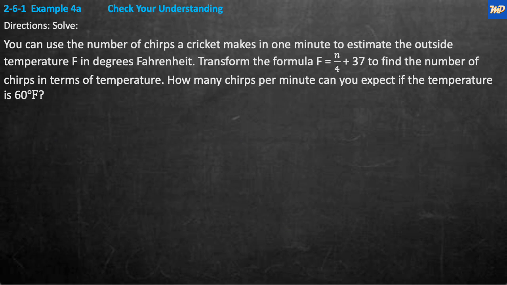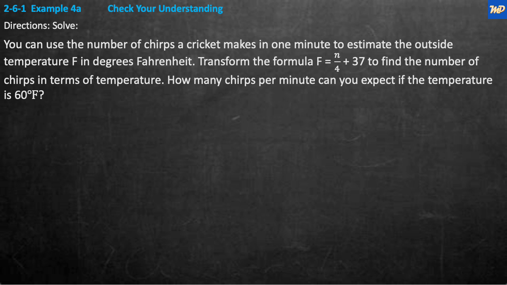Okay, example 4a, check your understanding. So solve this. This is an interesting little problem. You can use the number of chirps a cricket makes in 1 minute to estimate the outside temperature in Fahrenheit, or F in degrees Fahrenheit. Transform the formula F equals n divided by 4 plus 37 to find the number of chirps in terms of temperature.